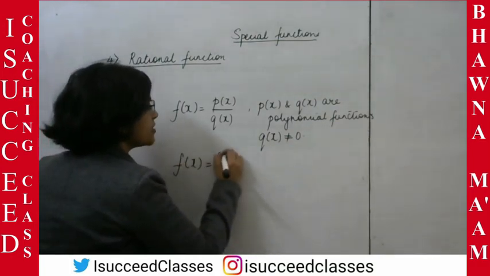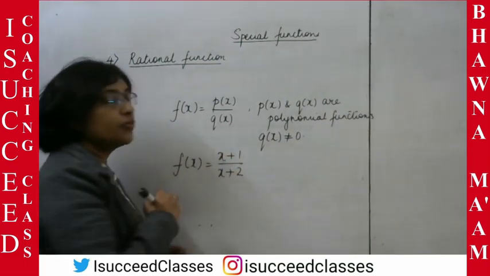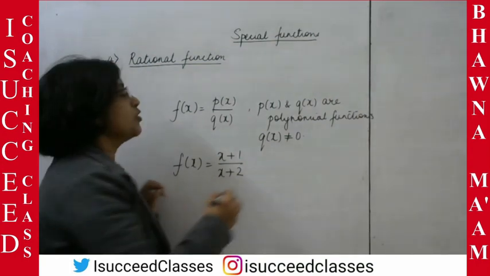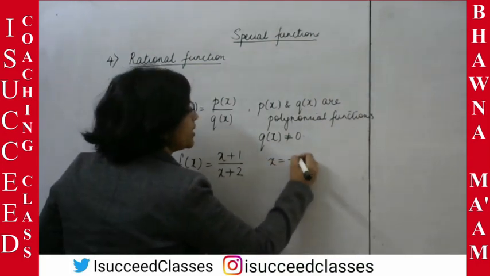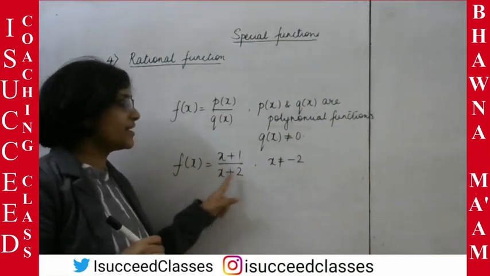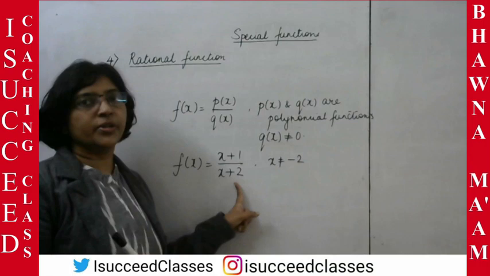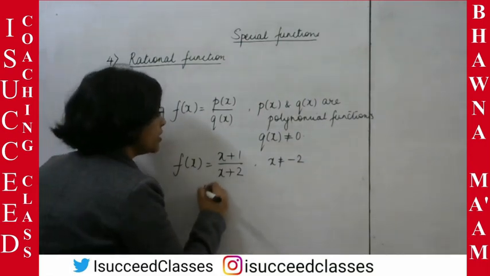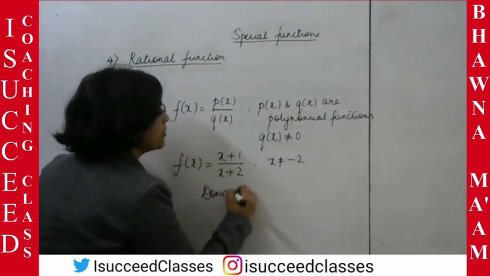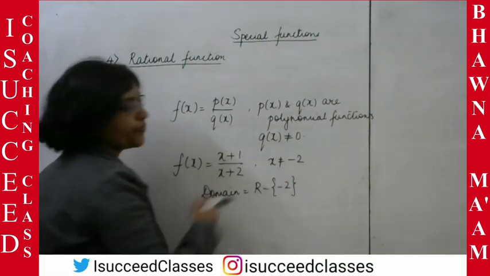Suppose that the function is x plus 1 upon x plus 2. Now, we cannot take x equal to minus 2. So we write x not equal to minus 2 because in that case the denominator will become 0. The function will not be defined. So our domain here is R minus {-2}.